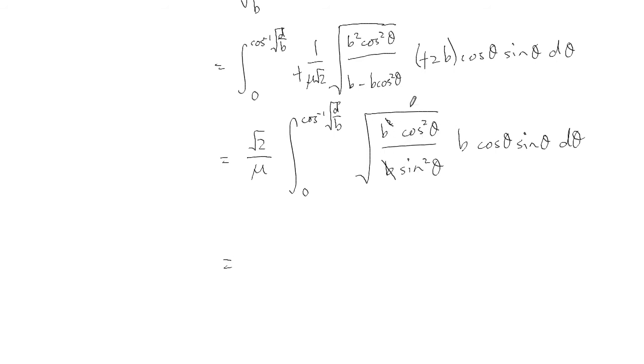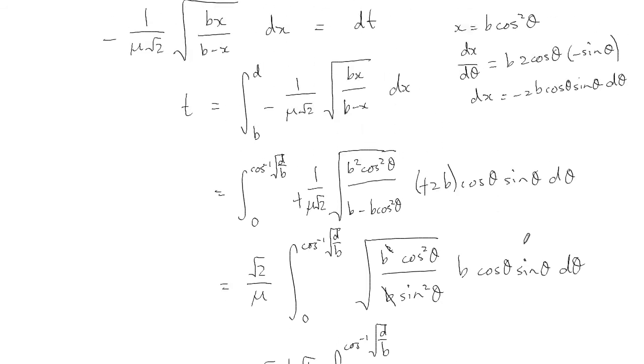And we've got a root b from there and the b there. And then I might bring that out the front. So we've got root cos squared on sine squared, so just cos on sine, and then that'll cancel with that sine. So we're left with cos squared theta d theta.